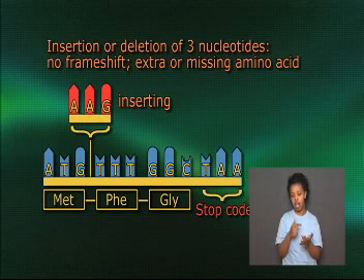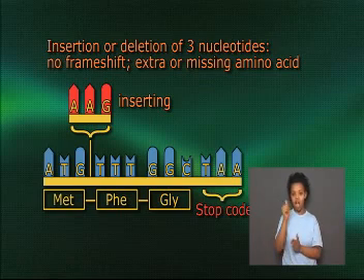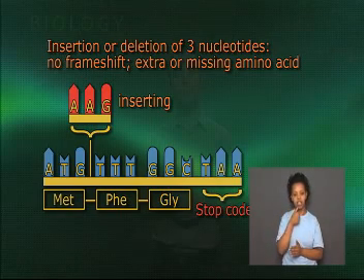This results in either one extra or one fewer codon within the mRNA. This, in turn, will lead to one extra or one fewer amino acid in the polypeptide.